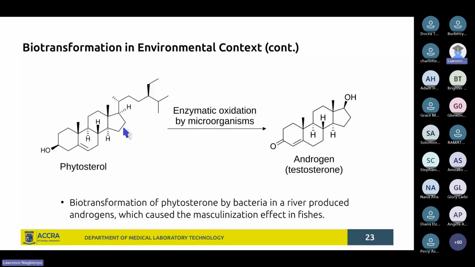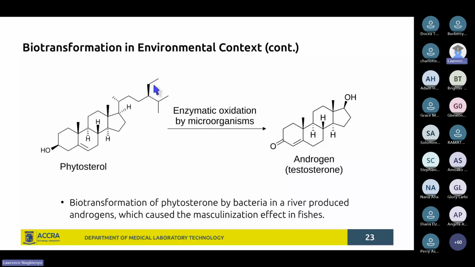And by their enzymatic action on these phytosterols, they get them converted into these androgens. So as you can see, from a phytosterol you now have a testosterone, you have an androgen, a sterone. The hydroxy group has been oxidized to that cyclic ketone group, and you also have that side chain.